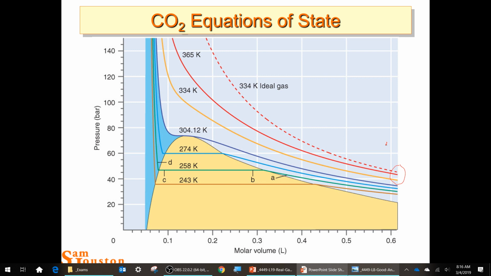But you get over here where you're in the condensation region, and here your pressure is predicted to be 140 bar, and the actual pressure is a little bit over 80, almost 90. So you're way off. When you're in the condensation region using an ideal gas law to predict the vapor pressure, it's going to be way off.